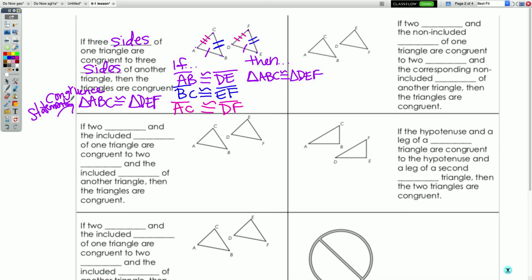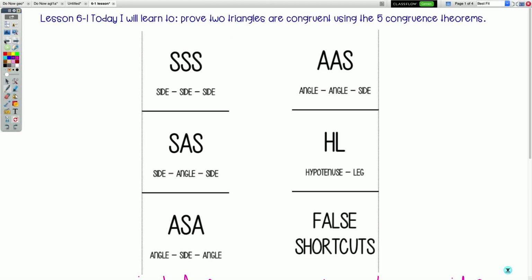Okay, so actually look at the front tab for side, angle, side. Even the letters tell you what is given to you. So how many sides would be given to me here? How many sides? 2, right? 2 sides and how many angles? 1. So the angle, even in these letters, is sandwiched in between the 2 sides, right?